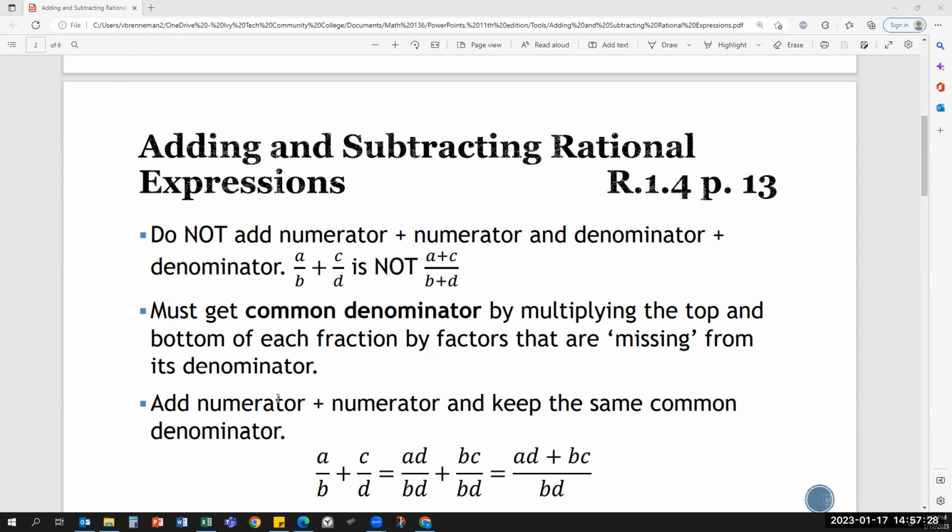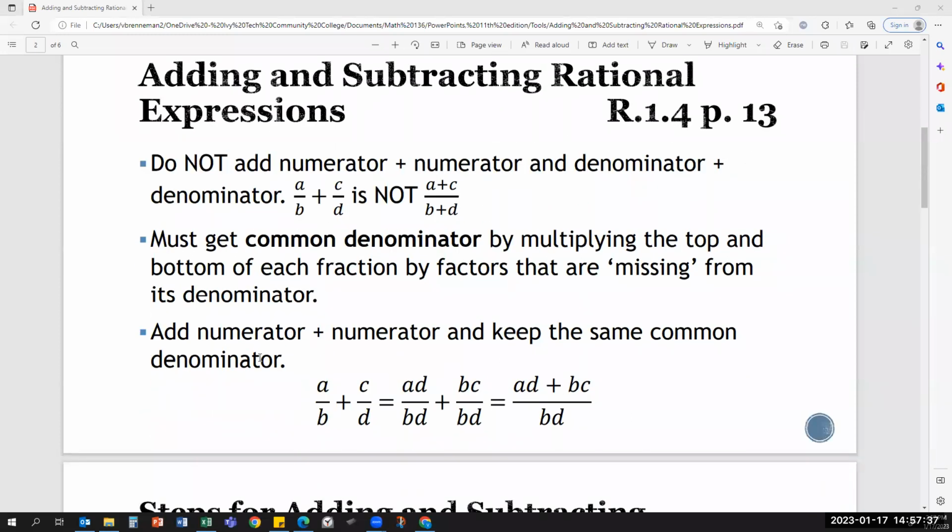The first thing is you're not going to just add the numerator plus numerator and denominator plus denominator. You have to have a common denominator, so the denominators have to match. The way you get that if they don't match is you start multiplying the top and bottom of the terms that are being added or subtracted.